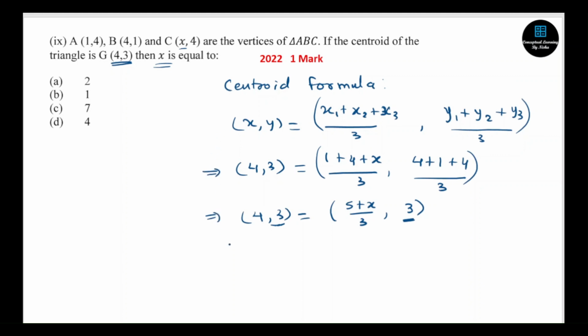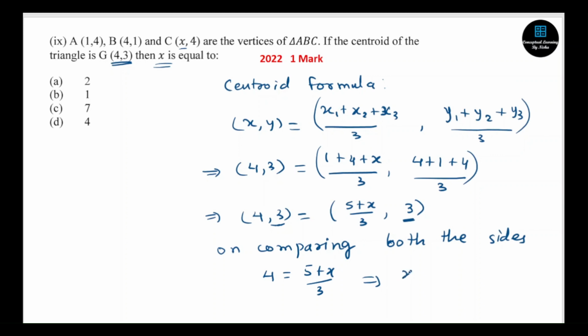And now what do we get? 4 equals 5 plus x upon 3, and I get the x value as, 4 threes are 12, 12 minus 5 which is 7. Alright. So we get the value of x as 7. So the correct option is C. Perfect.